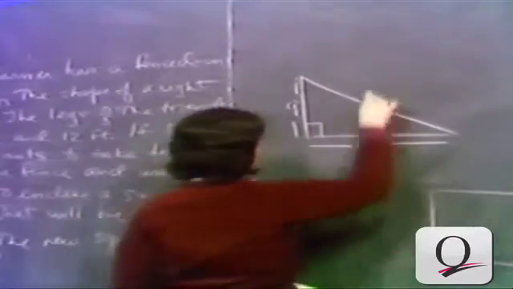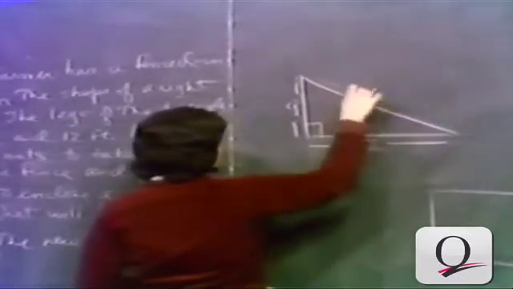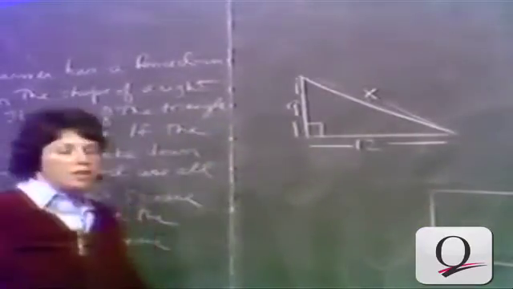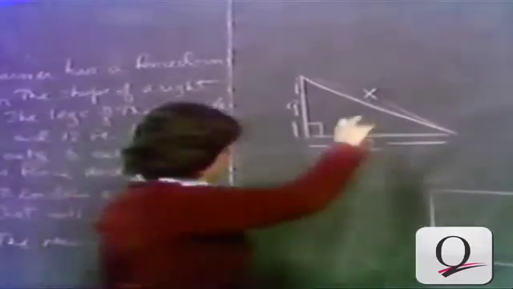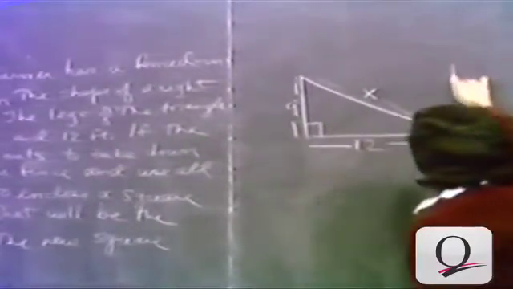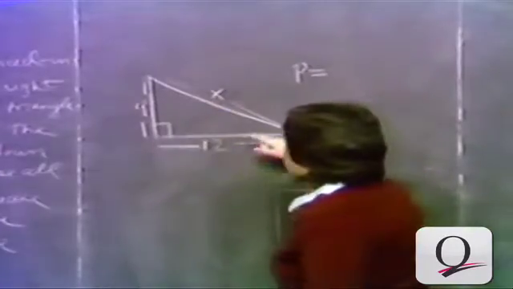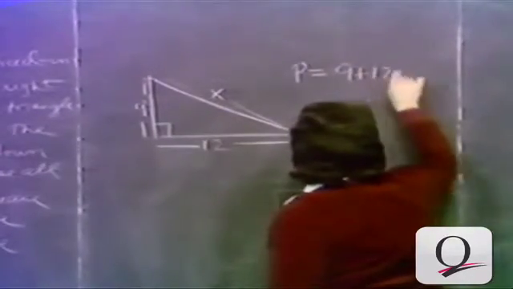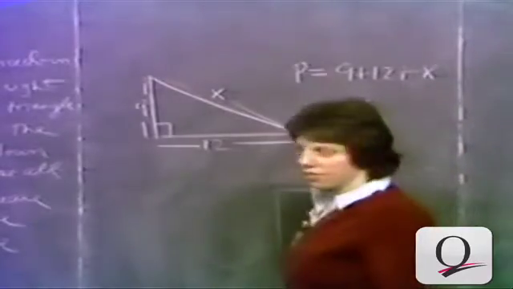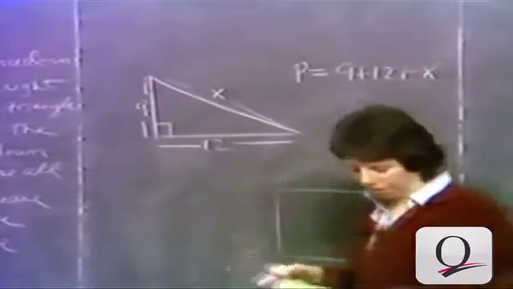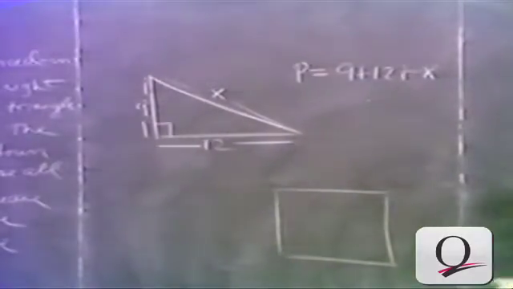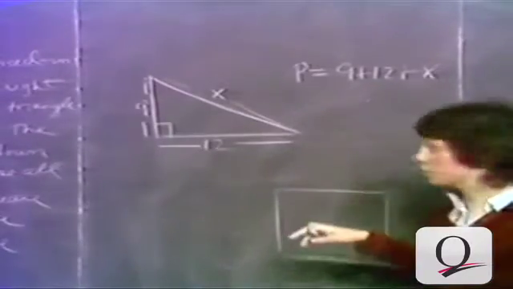Okay, first we're going to find the hypotenuse of the triangle here. The perimeter, the amount of fencing that he has is, of course, 9 plus 12 plus x. That'll be the total amount of fencing that he has. Okay, and then we'll use that to form a square.